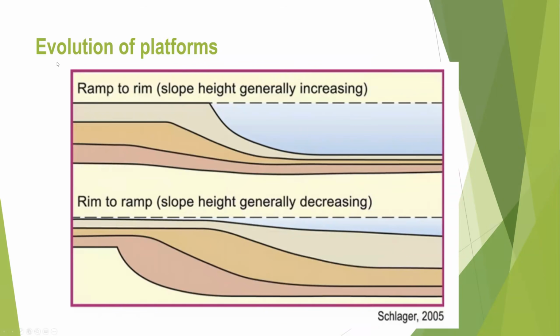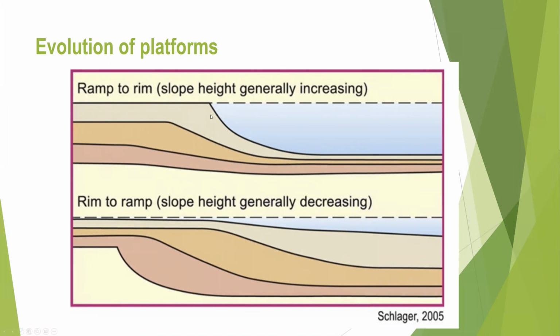Okay, and this figure shows the evolution of a platform. Don't suppose that if we have a ramp system in one period of time, we should always have a ramp system. Sometimes in one area we have a ramp system, but after a period of time, this ramp system changed to a rimmed shelf. Look at this part. We have the ramp system, actually a slope less than 1 degree, but when the sea level suddenly goes down, we have progradation of the sediments over that.